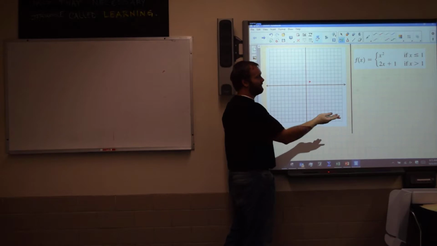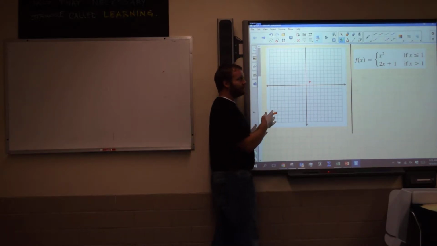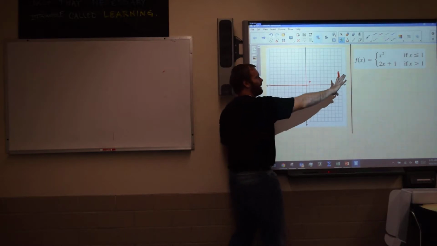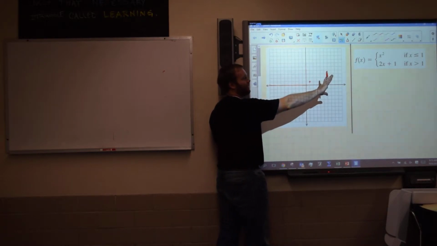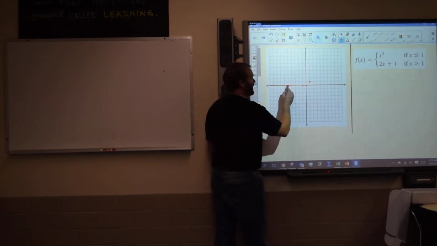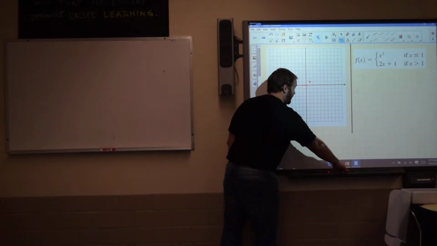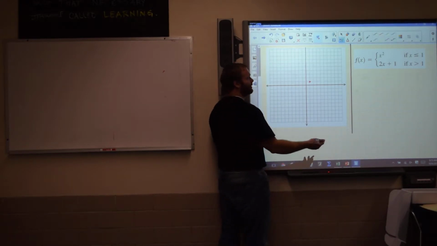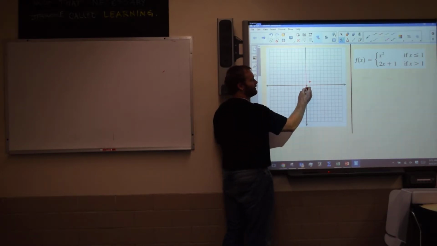Okay. So now if x is less than 1, we're looking at just those x values there. We don't care about what happens to the right of 1 for x squared. So we're going to start plugging in x values like 0, -1, -2, stuff like that. I plug 0 in and square it, I get 0, right?